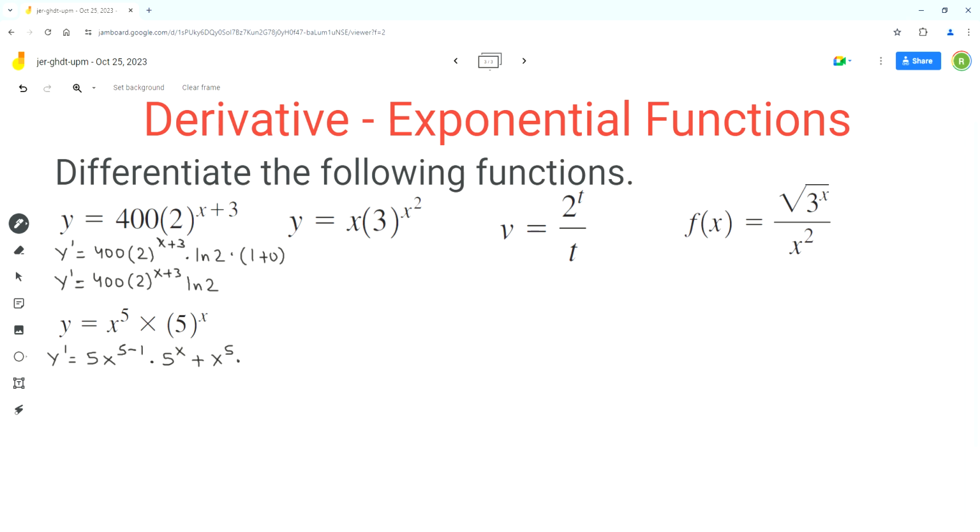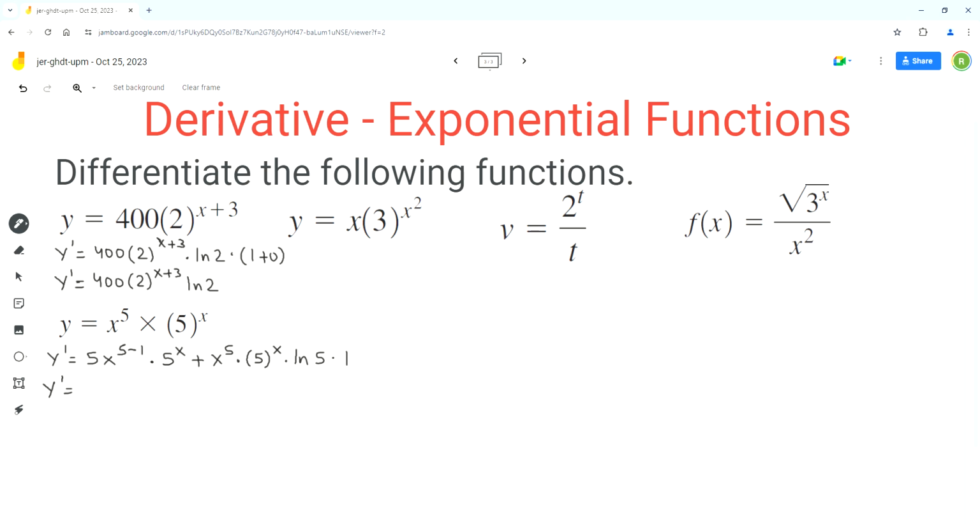Now this is an exponential term, so the derivative will be the term itself as it is, times ln of the base, which is 5, times the derivative of the exponent, which is x, and the derivative of x is 1.